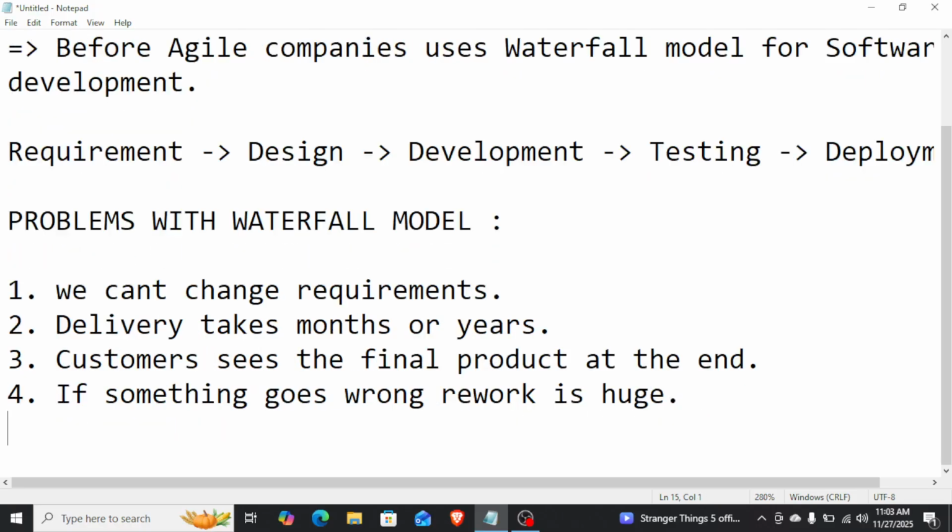And the last problem is no regular feedback.